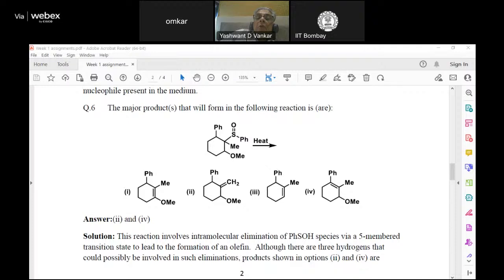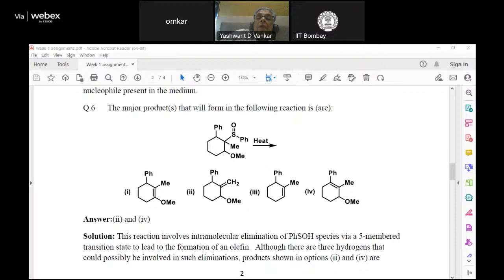So with the extended conjugation along with the methyl group, the double bond is very stable compared to even the number 2. So this product will also form. Now, if you are heating it, then of course, partially product number 2 can also get converted to product number 4 because that is thermodynamically more stable.